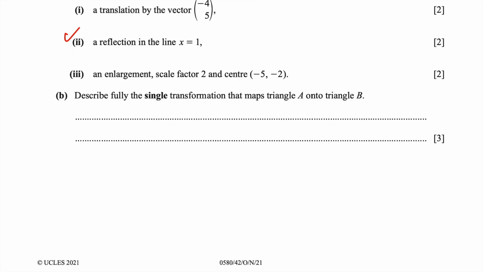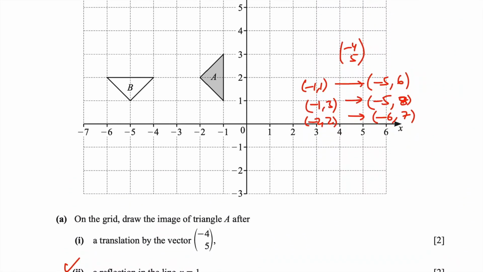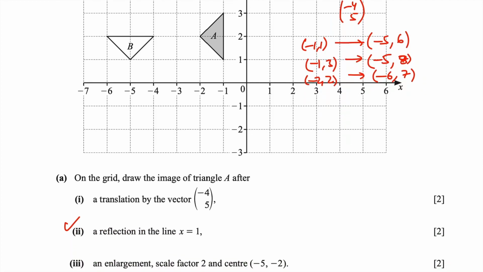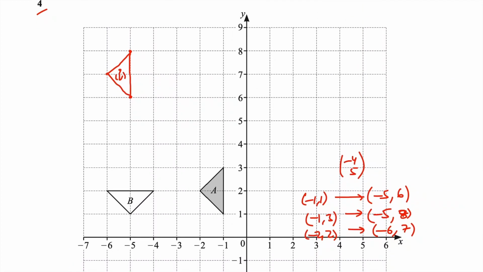So we are talking about reflection, and reflection means that first we draw the mirror line. So let us first draw the mirror line. Mirror line x is equal to 1 is parallel to y axis, and this is the mirror line that is required.